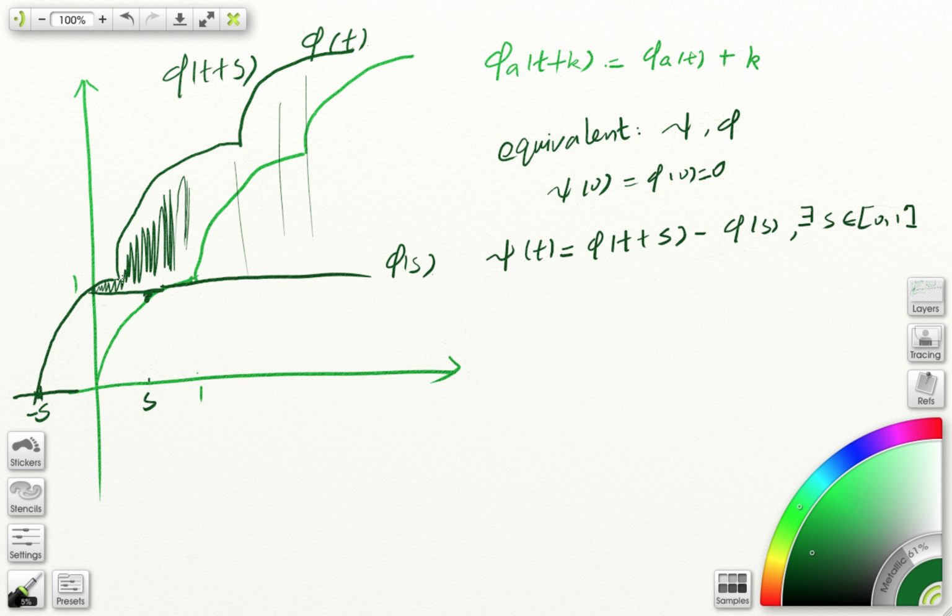So the function phi of t plus s minus phi of s, which is our psi of t, according to my understanding, is going to be something like this. Right? I don't know. You tell me if it's right or not.